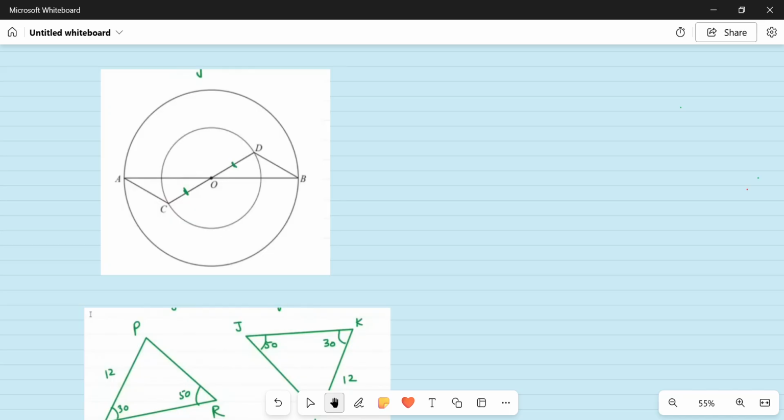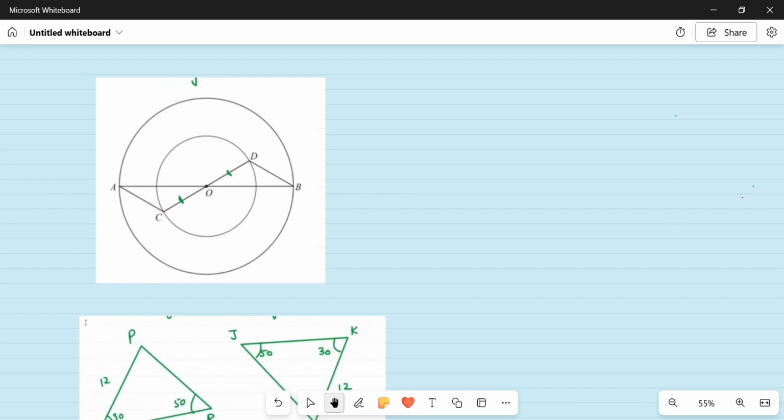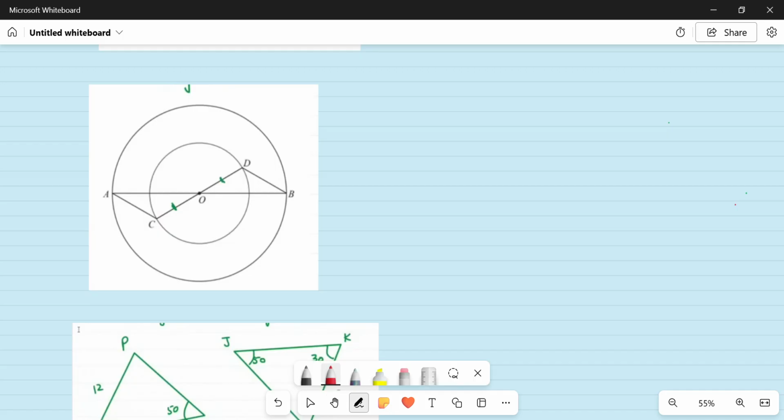In this diagram we have circles, a small circle and a big circle, and inside the circles we have two triangles. So we need to prove here the second property, SAS.